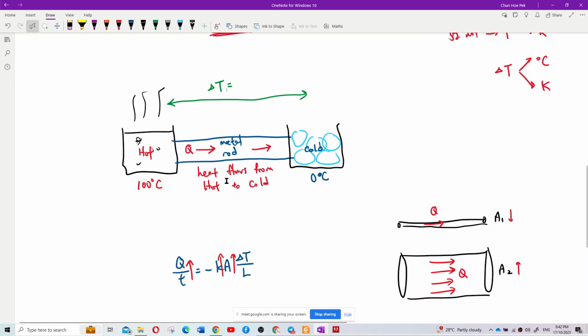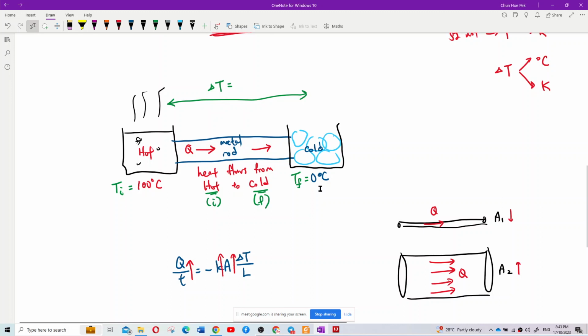We know that heat flows from hot to cold, isn't it? So heat starts from where? Heat starts from hot. So this is the initial point, and then heat flows from hot to cold. That means cold is the final point. Heat always flows from hot to cold. So for delta T, we take the hot one as the initial temperature and the cold one as the final temperature.